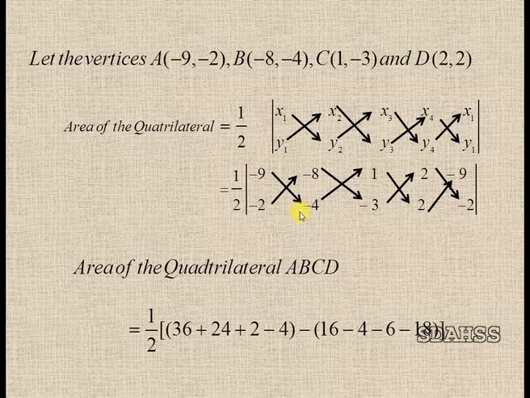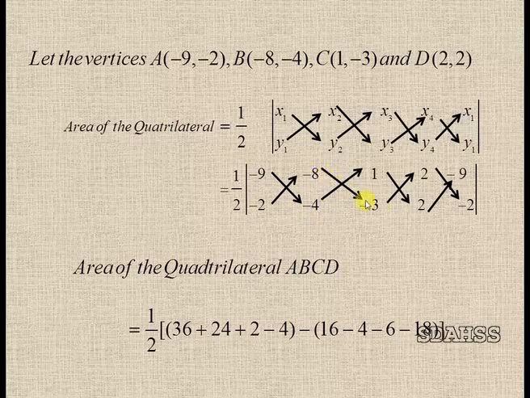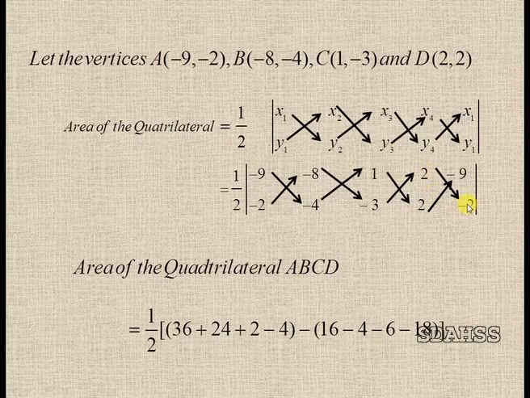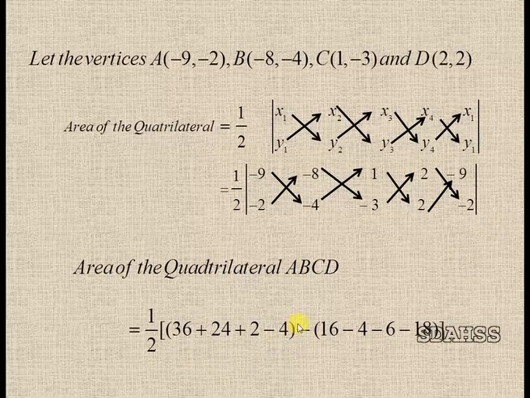Minus into minus, plus: 9 4s are 36. Then minus into minus, plus: 8 3s are 24. Then 1 into 2 is 2, 2 into minus 2 is minus 4. 36 plus 24 plus 2 minus 4, then put the minus sign.